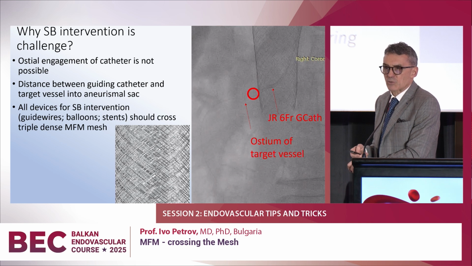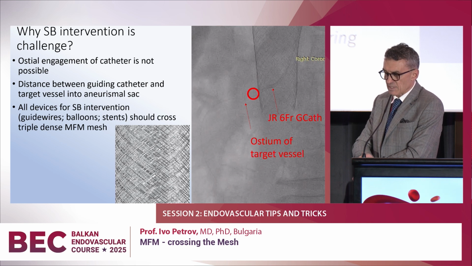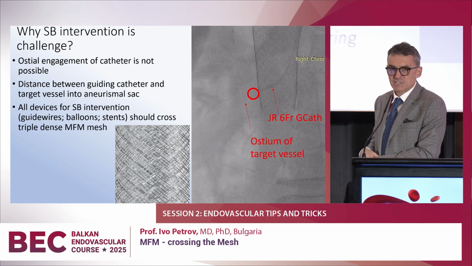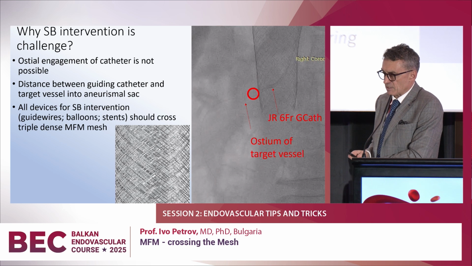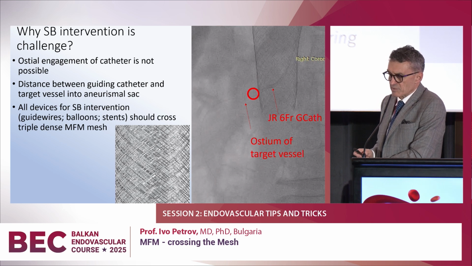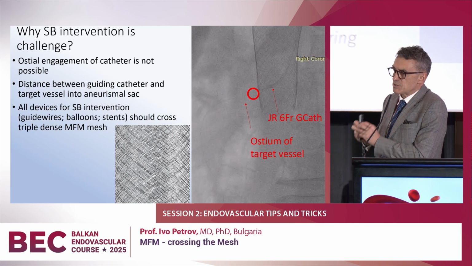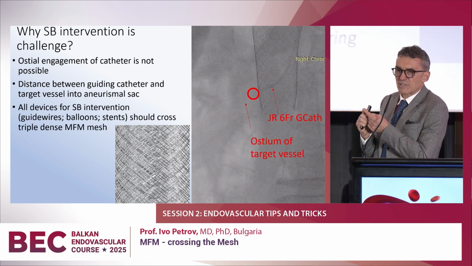Is it possible? The big question is, do you think it's possible to cross the dense mesh? It's a really very dense mesh, and I can admit that it's not easy. So the osteo-engagement of the catheter is not possible because the strut size is so small. It's probably 1 to 2 millimeters.